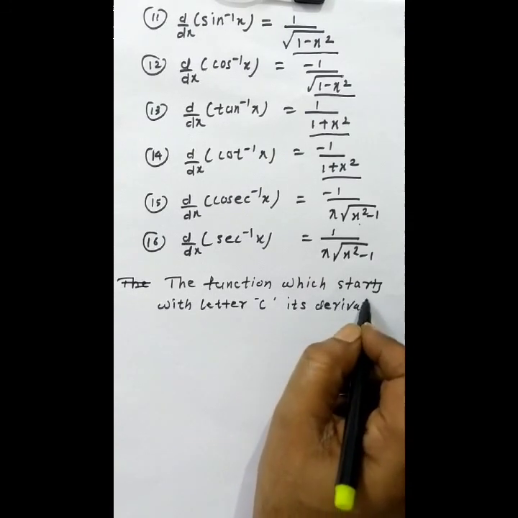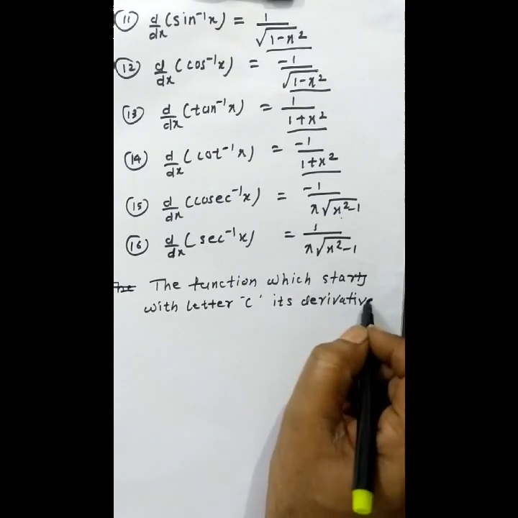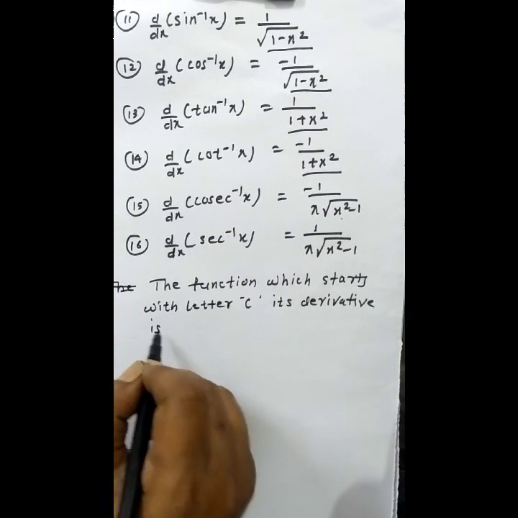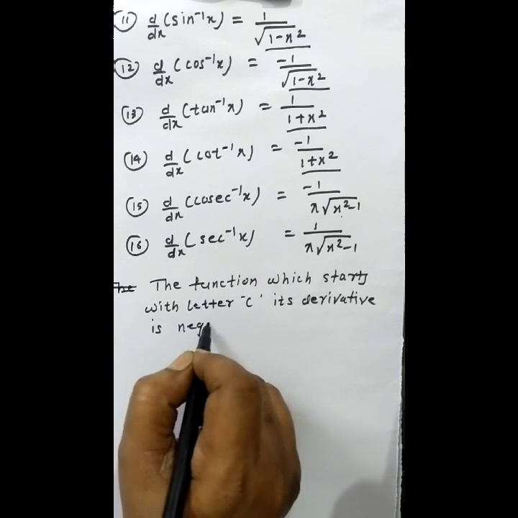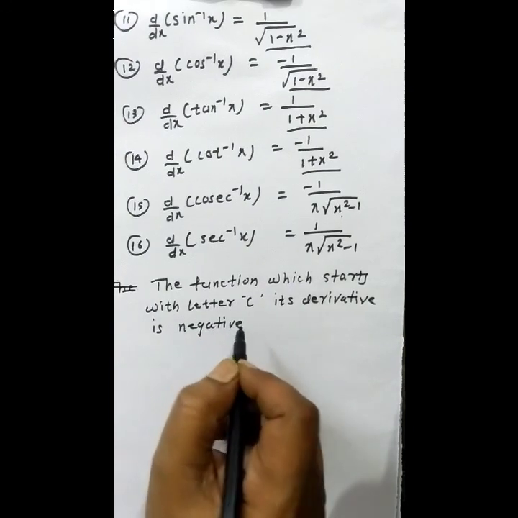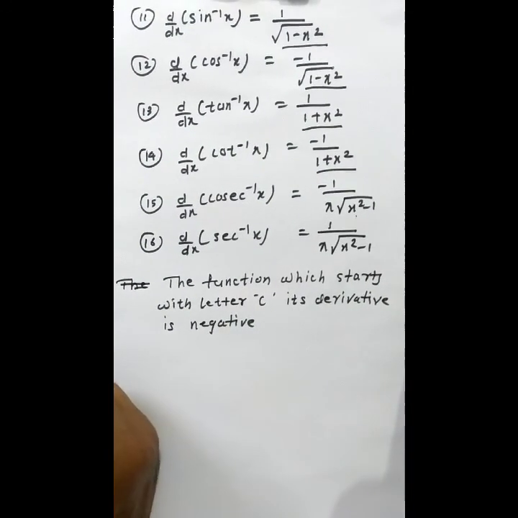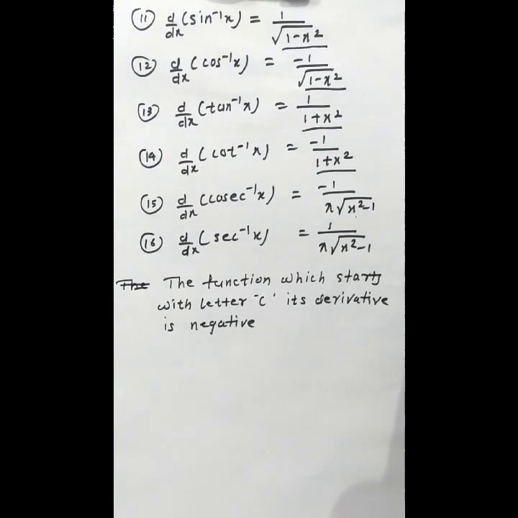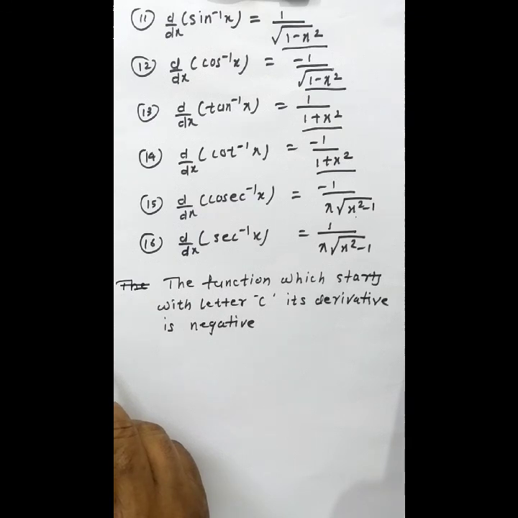If it starts with letter C, its derivative is negative. For example, cos is minus, cosec is minus, cot is minus, and here cos inverse is minus, cot inverse is minus, cosec inverse is minus.